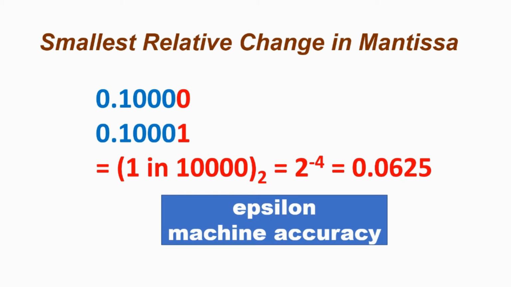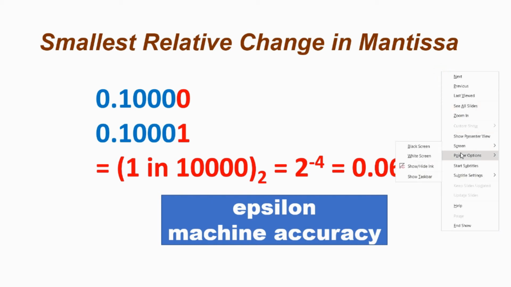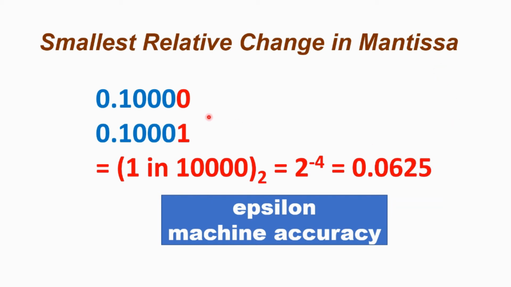Now let's look at the next important part, that is, what is the smallest relative change in the mantissa. That is, we can have a change of 1 bit out here. Out here, this can go from 0 to 1. So this represents a change of 1 in 10,000, that is in base 2, that is in 2 to power minus 4.